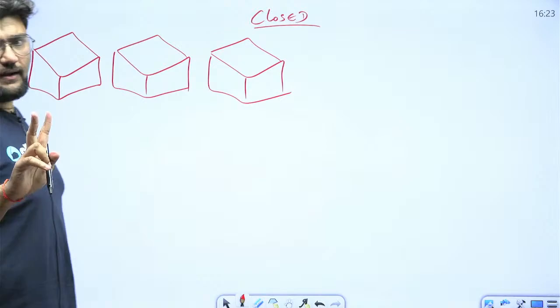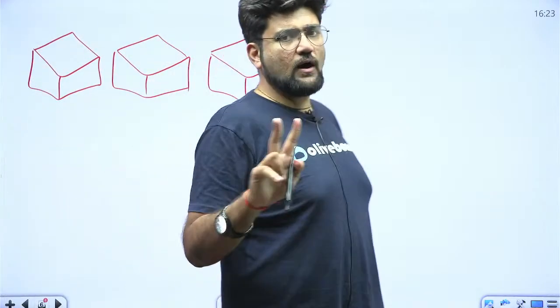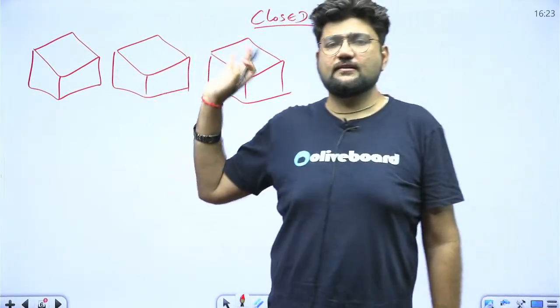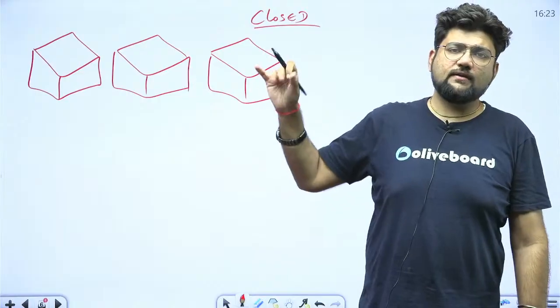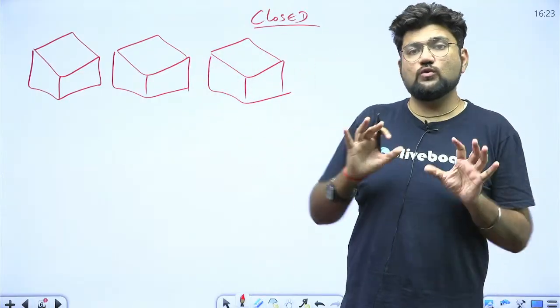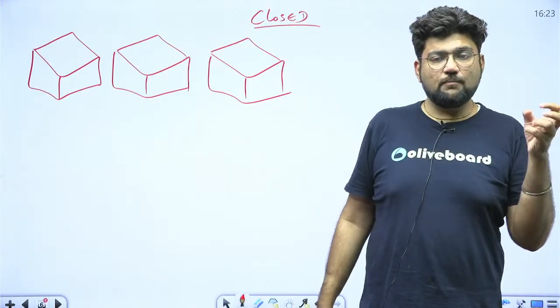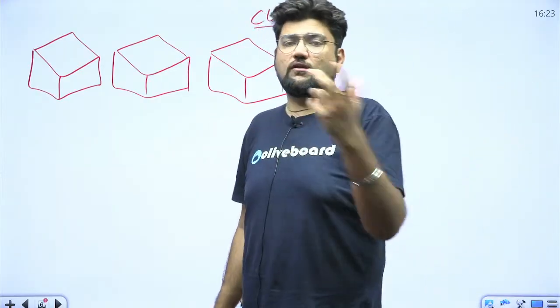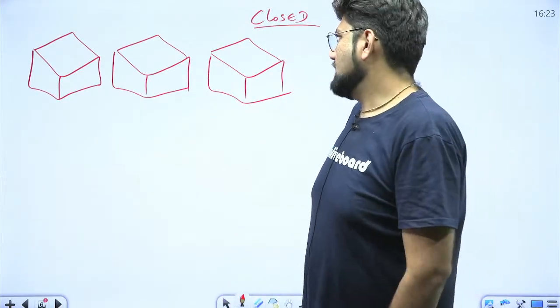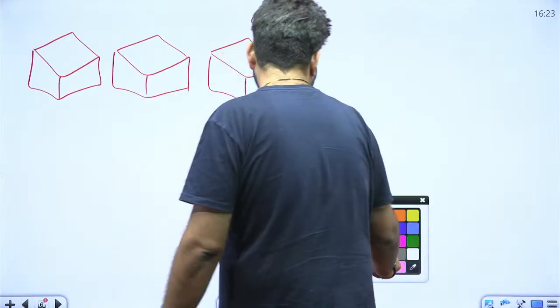Minimum 2 are required, maximum as many number of dice as possible. 2, 3, 4, 5, 6, any number, but minimum 2 is required. Even if they are giving you 5 dice, what you will do is you will pick up the best 2 and then solve your question. Now we will have some numbers here.